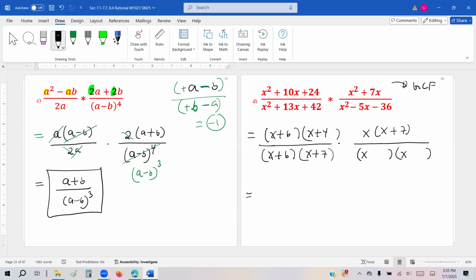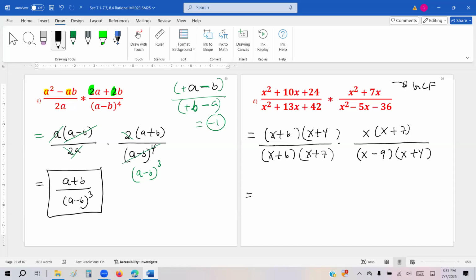Two numbers multiply to 36 and combine to 5. 2 times 3 is not 36. Hold on, I'm just lost. Okay, no problem. Ashley. X plus 4, X minus 9. Okay, no problem. So we factored everything, and then it's time to cancel.